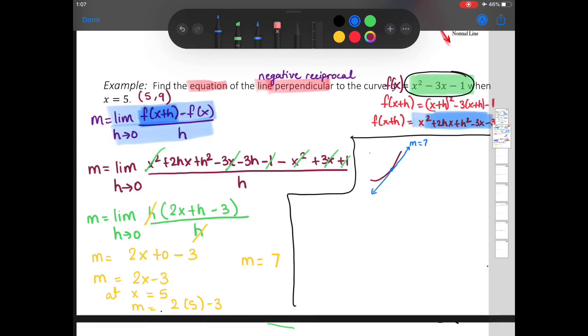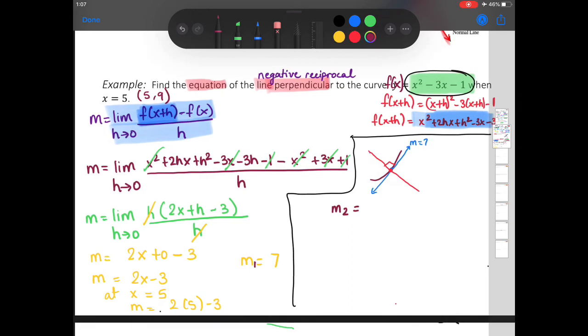So what do you know about the slopes of lines that are perpendicular to each other? Right, they're passing through the same point. What do you know about the slope of the red line? It would be, yes, it is negative reciprocal. You should have taken the cue from there, right? So let's call this M1. The slope of M2, or my red line, would be the negative reciprocal of it, which is negative 1 over 7. But I'm still not done.